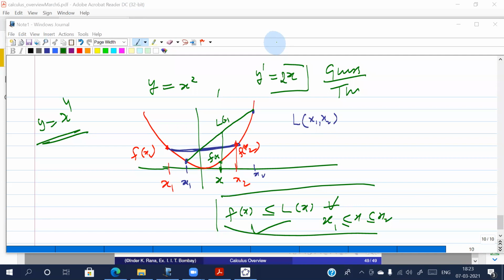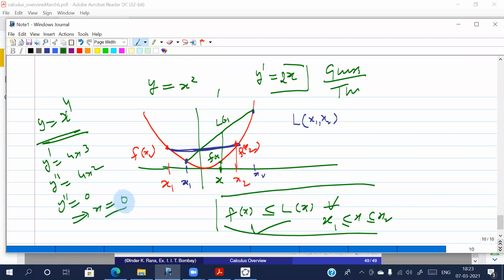For this function, what is the first derivative? 4x cube. The second derivative? 12x square. At what point is the second derivative equal to 0? At 0. Some theorems might say that because the second derivative is 0, this must be a point of inflection.